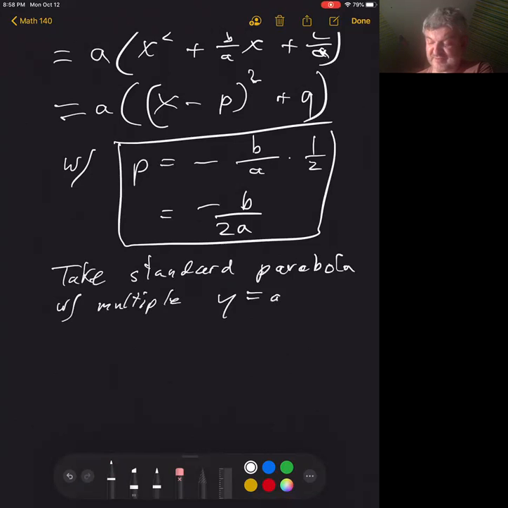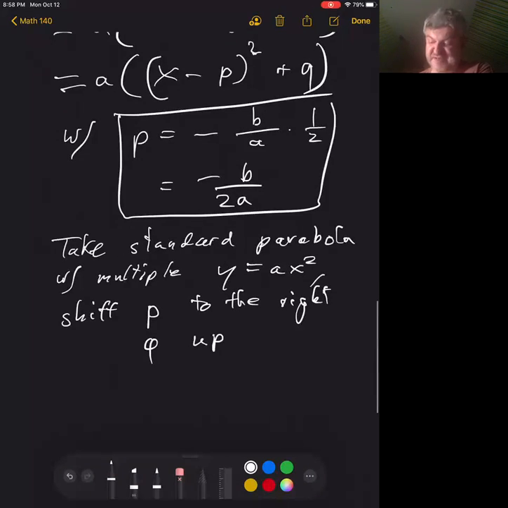So we have y is a times x squared, and then shift p units to the right and q units up. Which means if p happens to be a negative number, then you need to shift to the left.